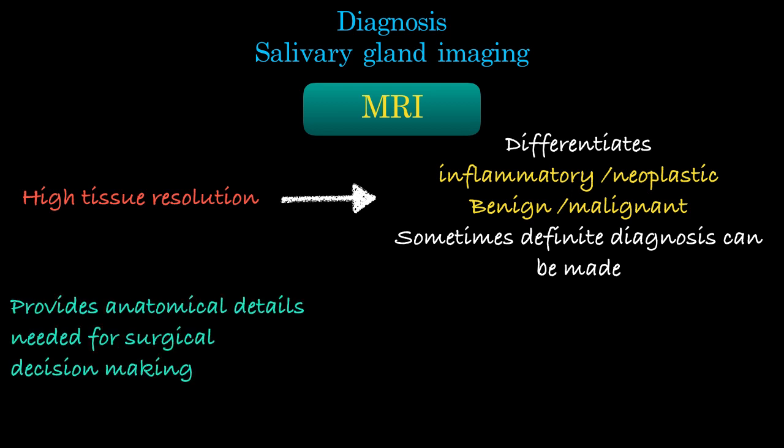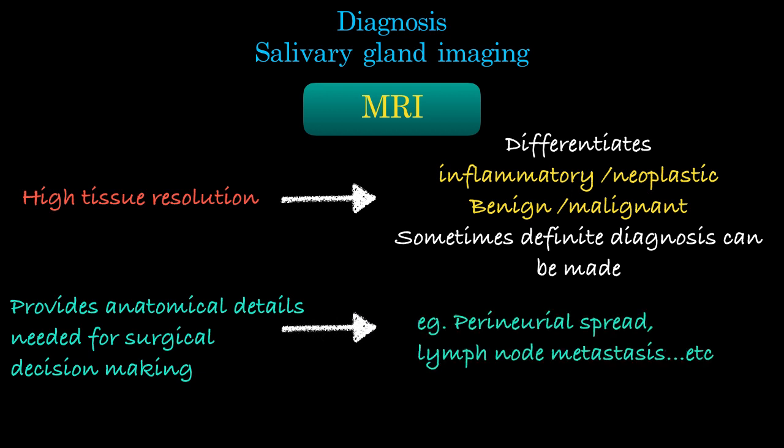Okay, plus this high tissue resolution, it gives us anatomical details that we need to know before going for surgical intervention. If there is perineural spread in the facial nerve or something, it will appear on an MRI examination.